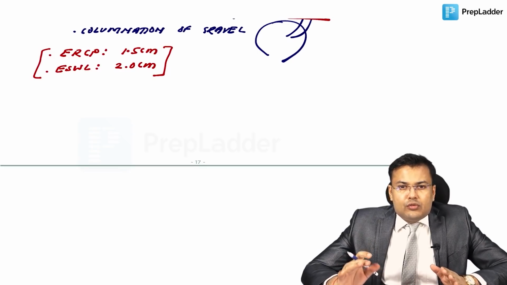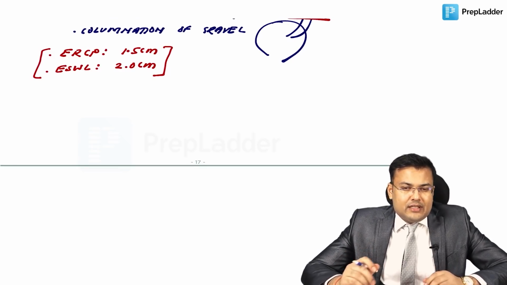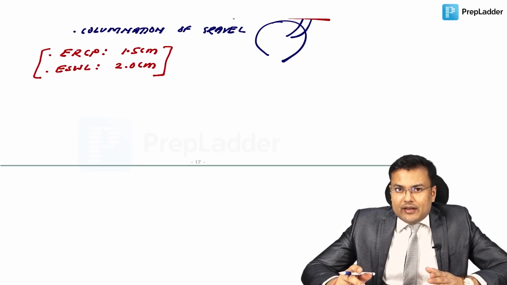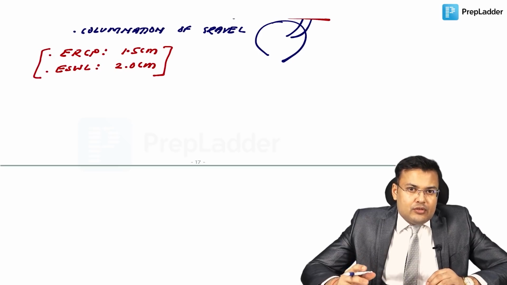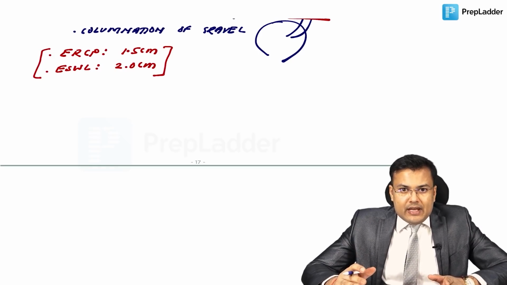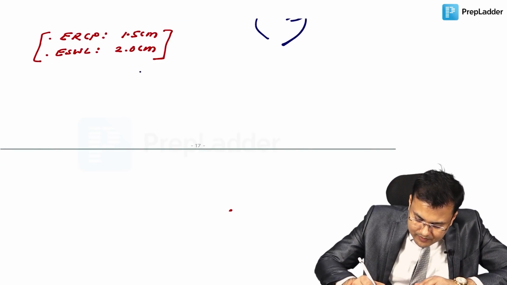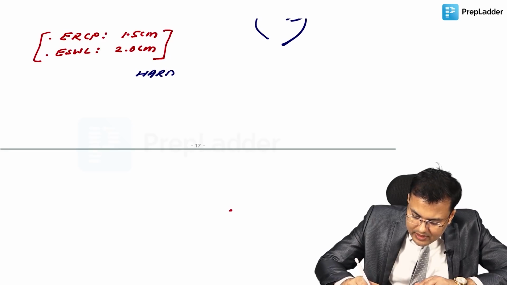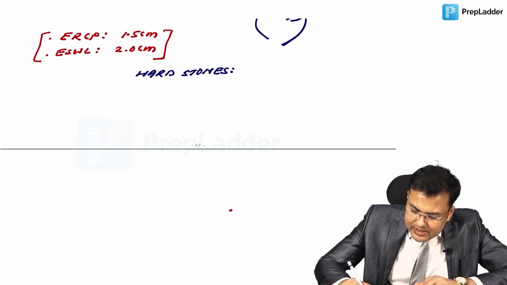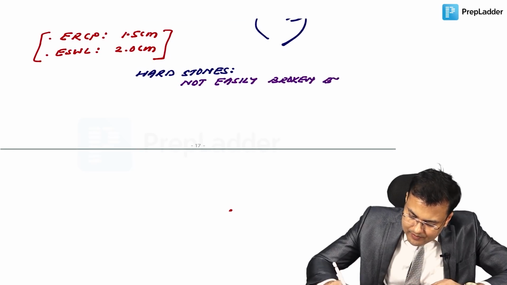So one, the size which can be removed is 2 centimeter. Second, the stone should not be very hard. We discussed that cysteine stones are very hard, not easily broken by ESWL. Apart from cysteine stone, there are 3 other stones which are very hard, not easily broken by ESWL. Clear? So question, what are the hard stones not easily broken by ESWL?